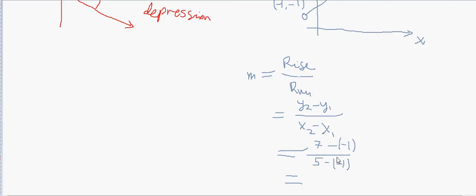So knowing our negative numbers, minus times minus is plus. It's the same as 7 plus 1, so it's 8. And the same for the bottom, 5 plus 1, which is 6.